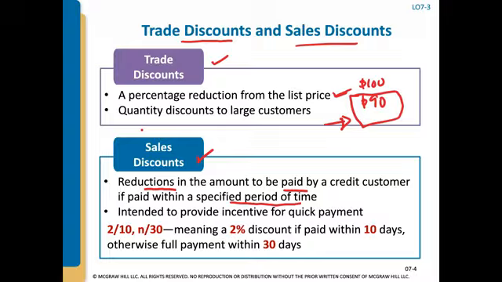So when you see on an invoice the terms 2/10 and 30, that means you're going to get a 2% discount if you pay within 10 days of receiving the invoice. Otherwise, the full payment is due in 30 days.